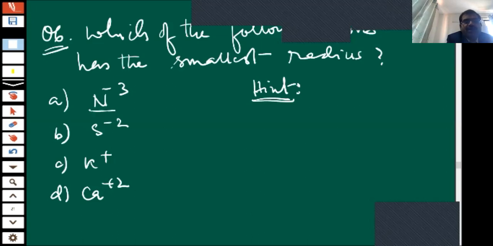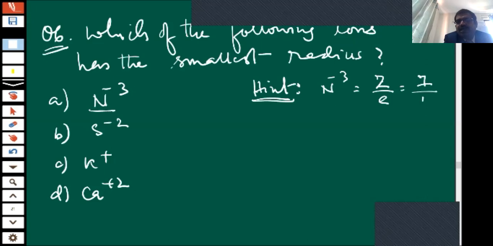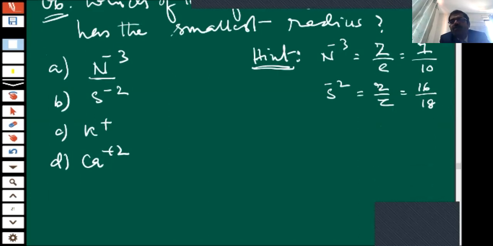So N minus 3: Z by E. Z is 7 and electrons are 10. 7 electrons in the normal atom and a 3 minus charge gives 10 electrons. Sulfur minus 2: Sulfur has Z 16, and minus 2 means 18 electrons.